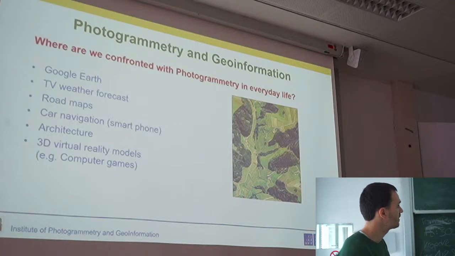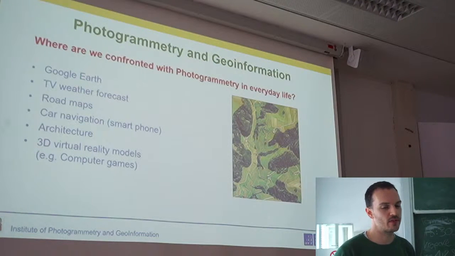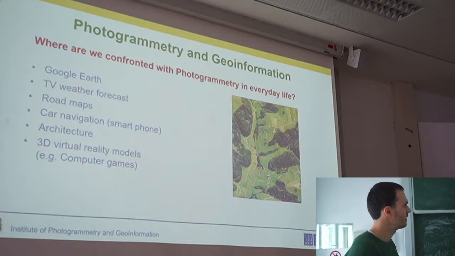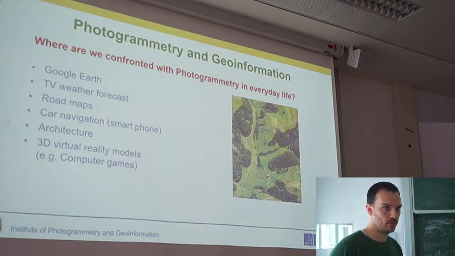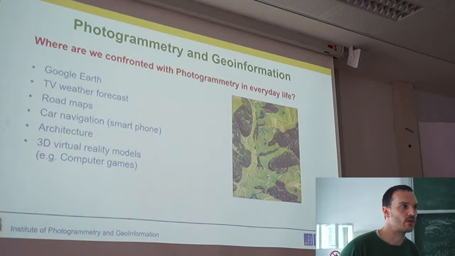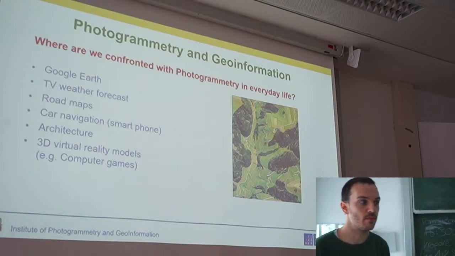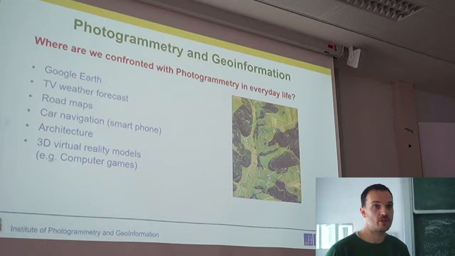Roadmaps would be another example. Here, one application where photogrammetry is important is in the actual creation of the road network behind all your navigation, which would be the next point. Maybe there are new roads built, or maybe some roads are not captured in the system.